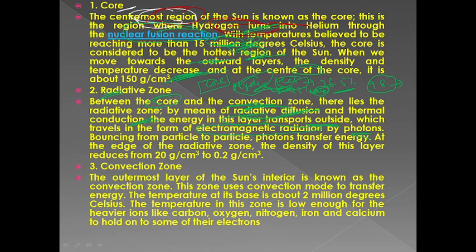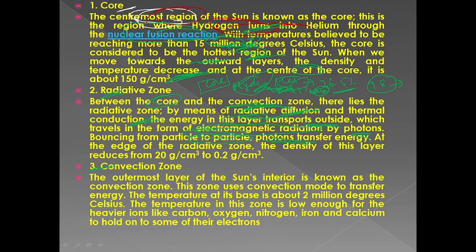The name itself says radiative zone, because it releases and transports the electromagnetic radiations in the form of photons. Bouncing from particle to particle, these photons transfer energy.